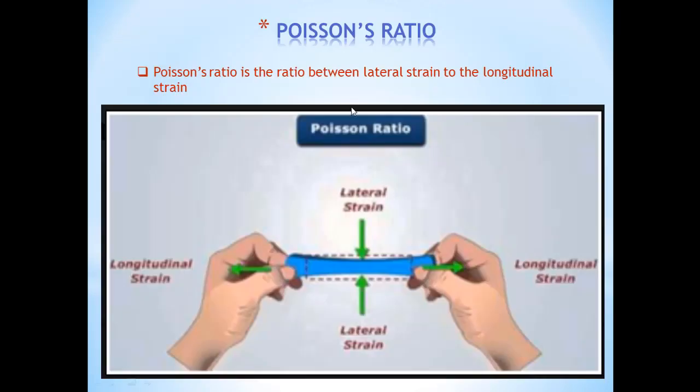Next, Poisson's ratio. Coming to the definition, Poisson's ratio is the ratio between lateral strain and the longitudinal strain. Here, the lateral strain is the ratio of change in length or diameter of a bar to its original length due to the deformation in the direction perpendicular to the force.